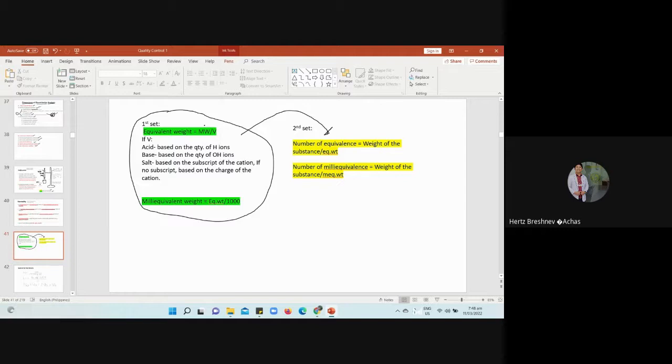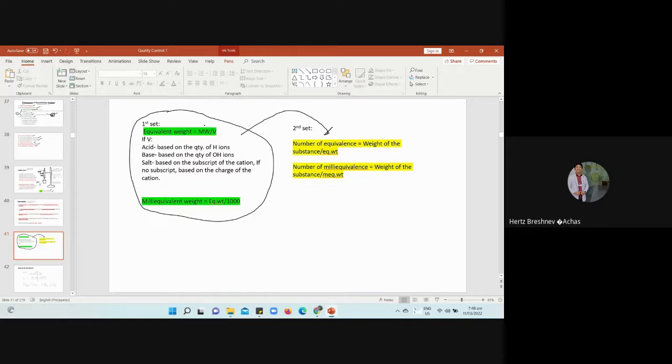If you cannot memorize the molecular weight, you cannot go further in the calculations, and you will not have an answer. So please memorize molecular weights and the different chemical formulas.